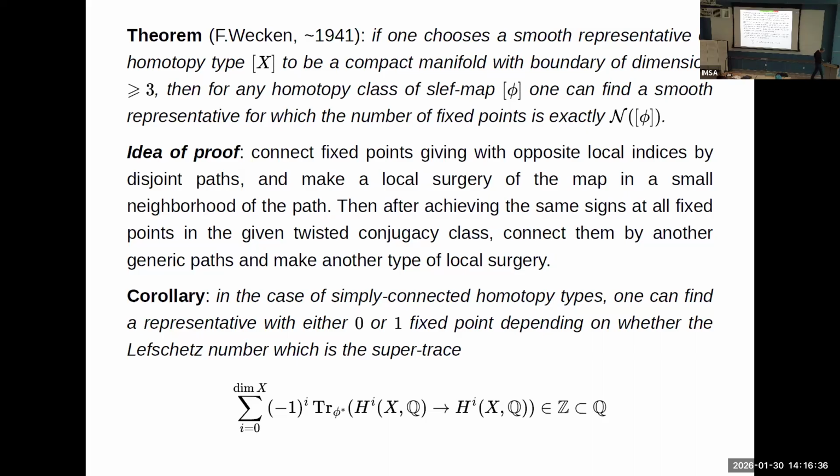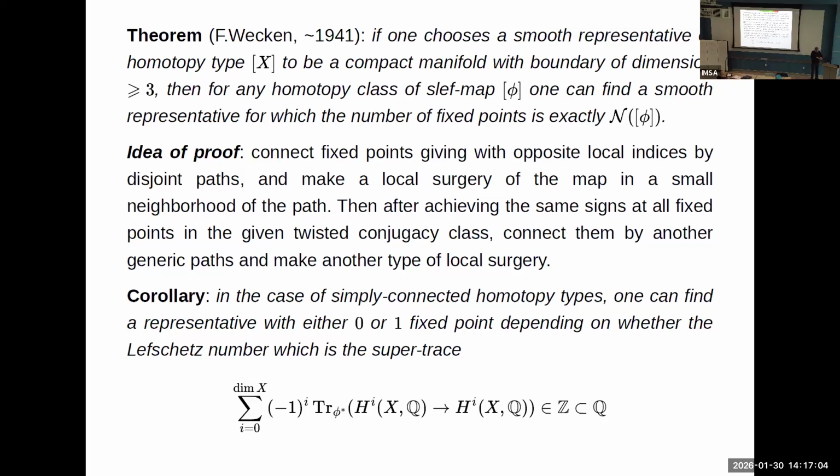very, very simple. You choose an at least three-dimensional representative of your homotopy type. It's actually this idea of Whitehead about simple homotopy type, but here it's really about homotopy type. You get this representative, and get finitely many fixed points with multiplicities plus or minus one each.